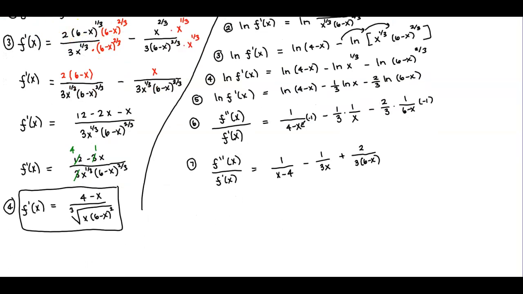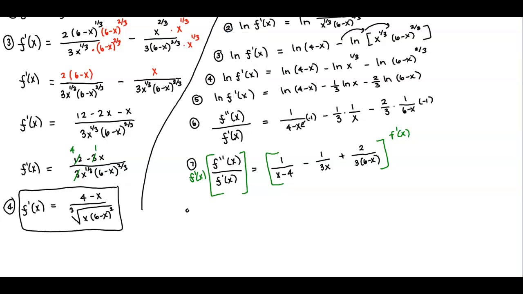Okay, so now where do we go from here? Well, we already know what f prime of x is. We got that over here. And so what we need to do is multiply both sides by f prime of x. So we're going to multiply this side by f prime of x, and then we're going to multiply this side by f prime of x.